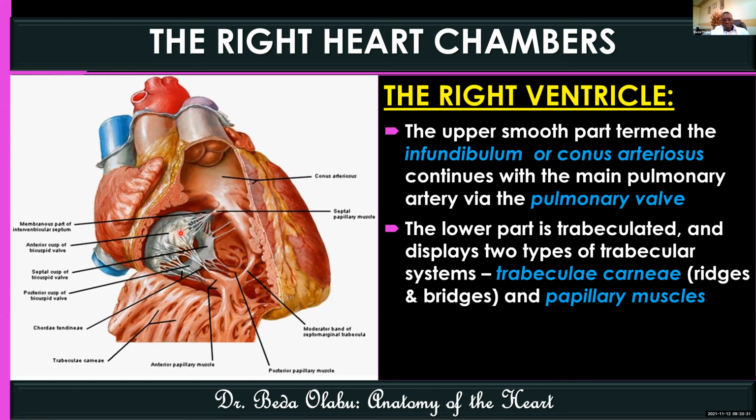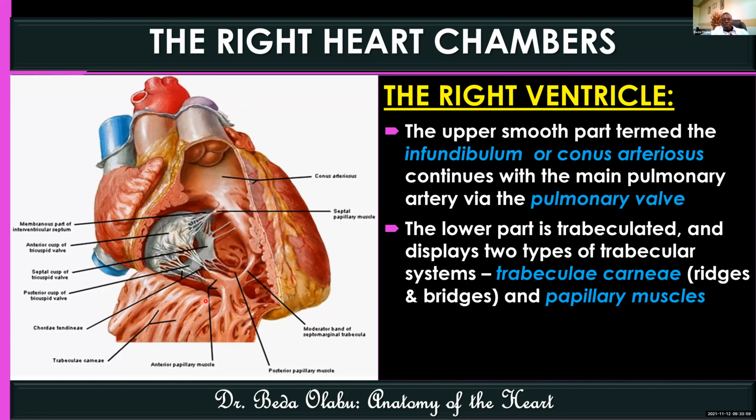The lower part of the right ventricle is rough, as you can see here. The roughness is described as trabeculae, so it is trabeculated. We have two types of roughness within the ventricles.